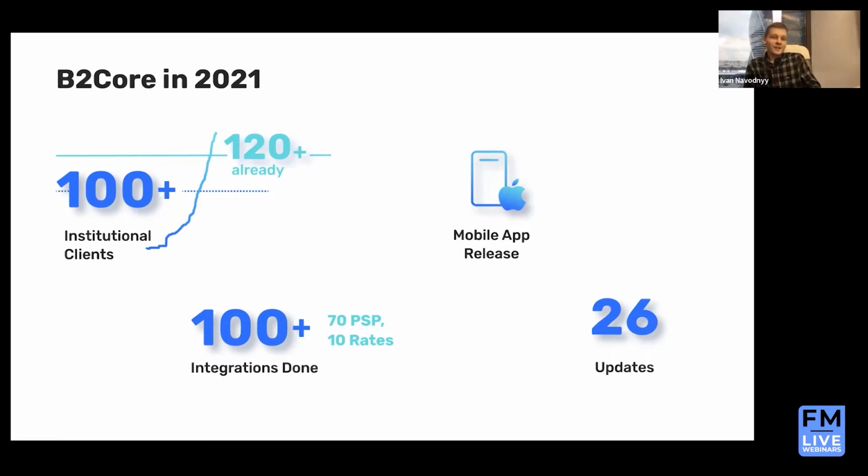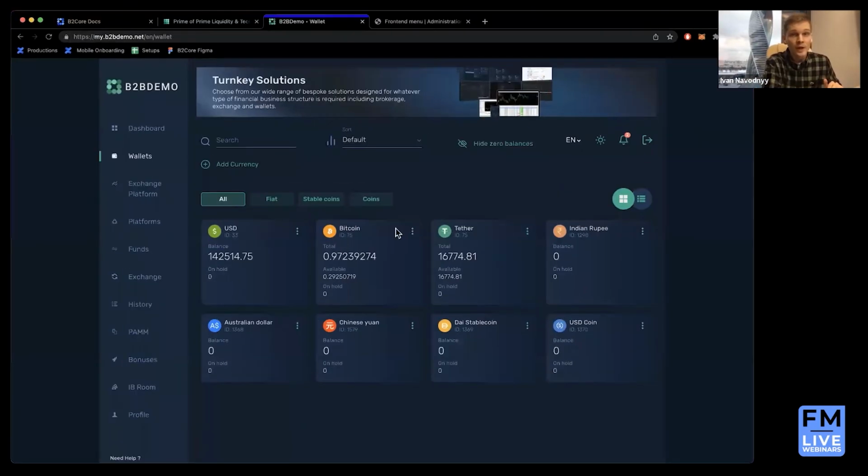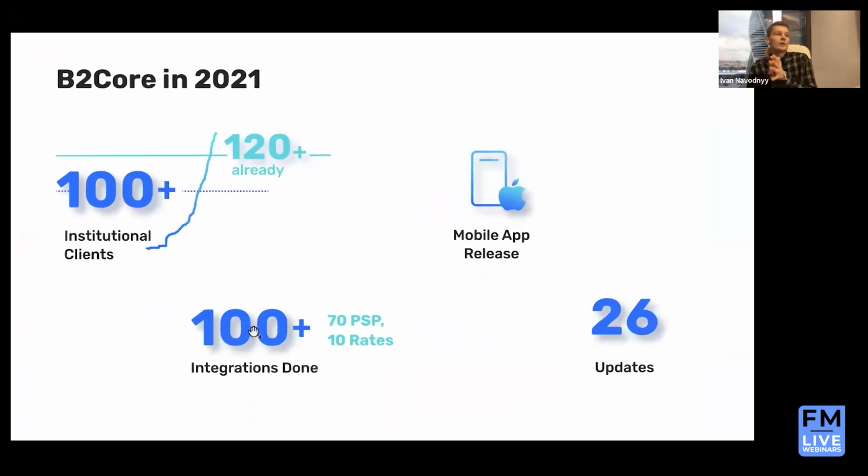Another interesting thing is that we released the mobile application. It's on the Apple Store right now. If you want to check it out, search for B2 Broker. It's on iOS, and it supports most of the modules that we have on the desktop right now. The beauty of the mobile application is that it's another layer of turnkey packaging that we provide to the client.